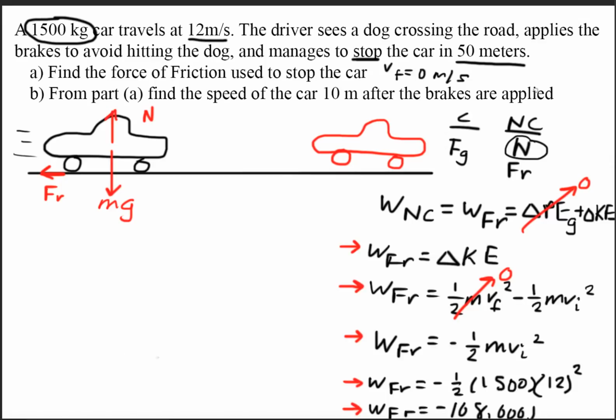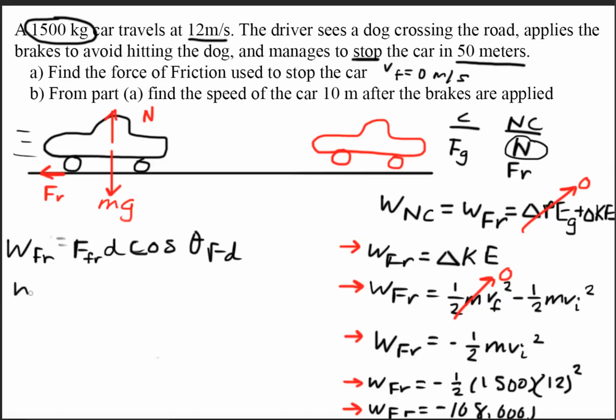So you might be stumped here, but what you can also use is the work equation. If you recall this, and we can also apply it for friction. So the work done by friction, let's go ahead and solve this now.